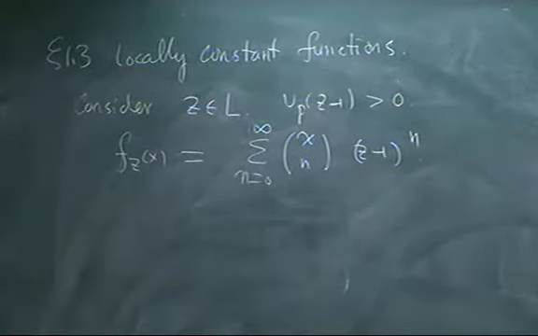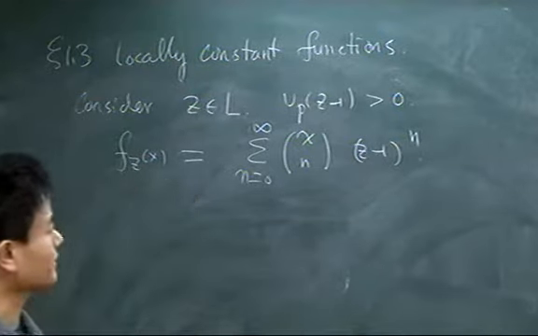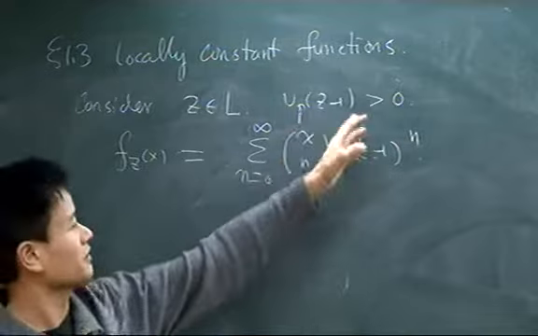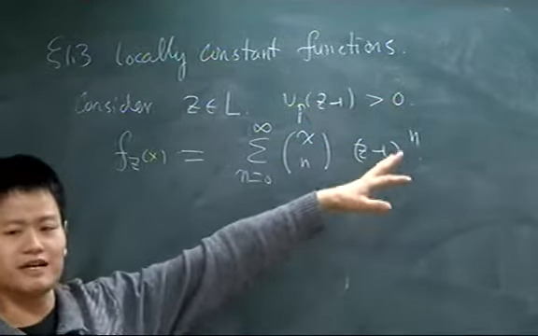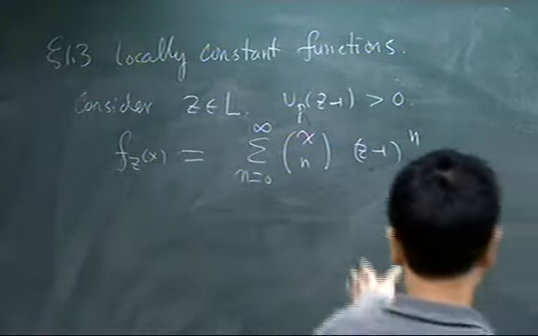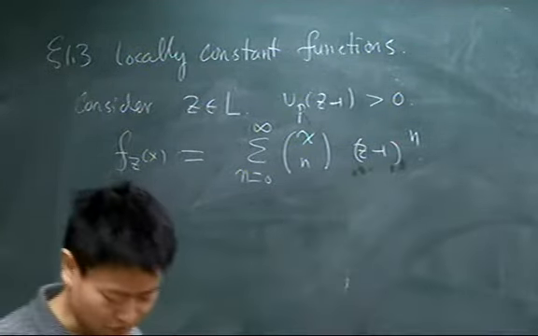Certainly this is a continuous function, and it also converges, because v_p of (z minus 1) to the power n goes to infinity, so that means this goes to 0.